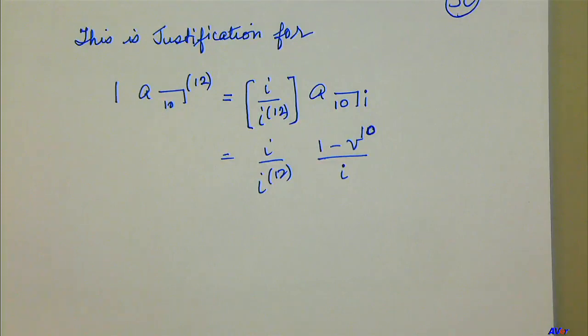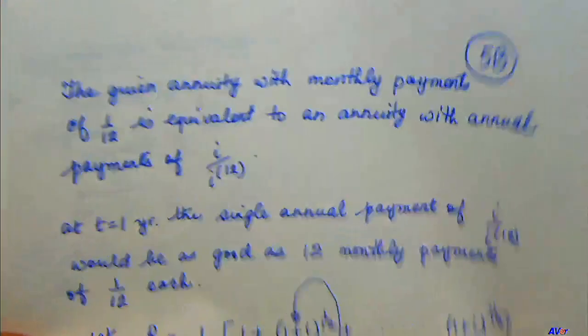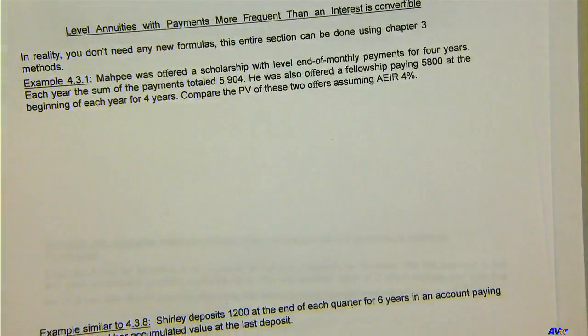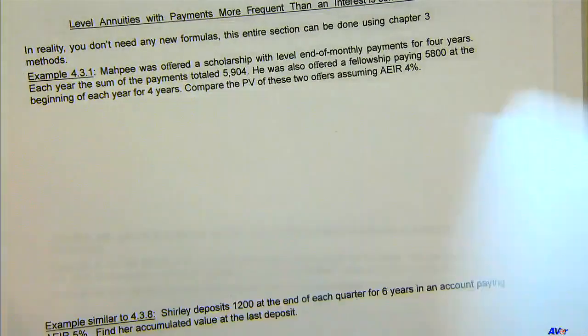Let's do an example. First, let me see what's on my page here. 5B, 5A, 5C. Okay, I need to do one more example before I can get here.